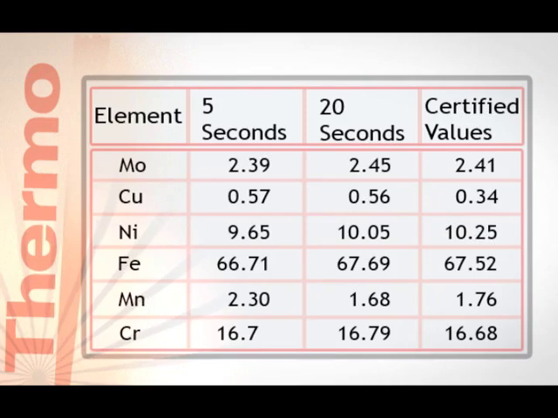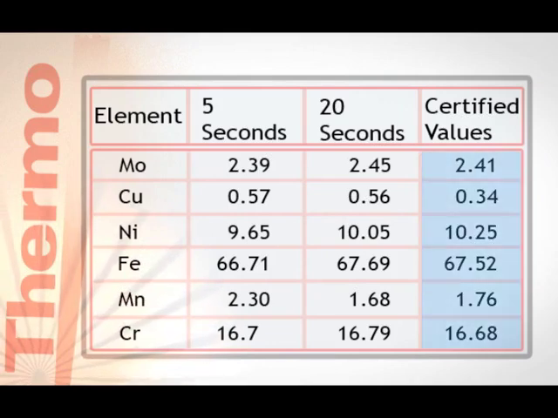We can see the reason for this by comparing the certified values for this 316 standard to the calculated values based on the analysis results shown here. I'll read the certified values while we view the analyzed values for both the 5 and 20-second shots. Moly, 2.41%. Copper, 0.34%.